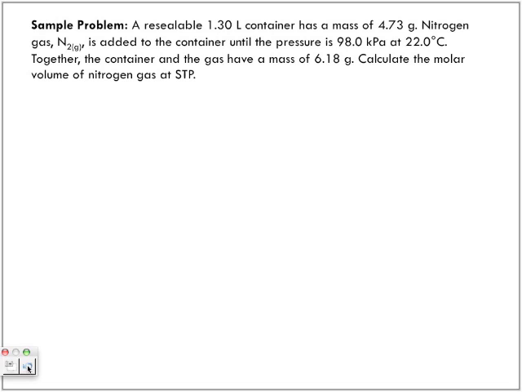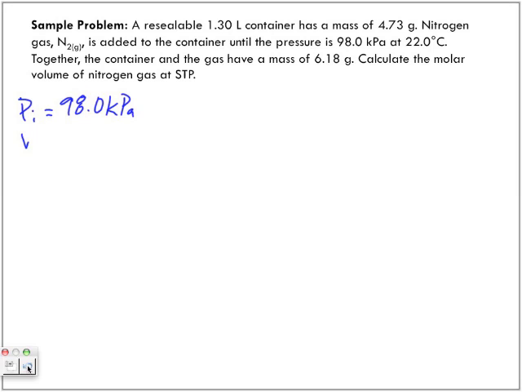So take a moment and try to list out what you have, but look at the initial state and the final state. And try to figure out the molar volume of the nitrogen gas. Let's point out some of the information. So we've got our initial pressure, which was 98.0 kilopascals.